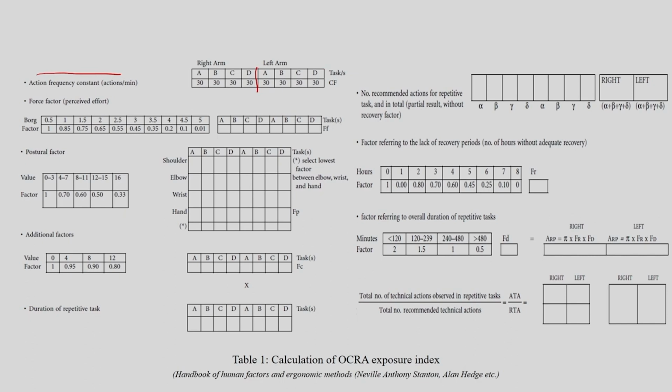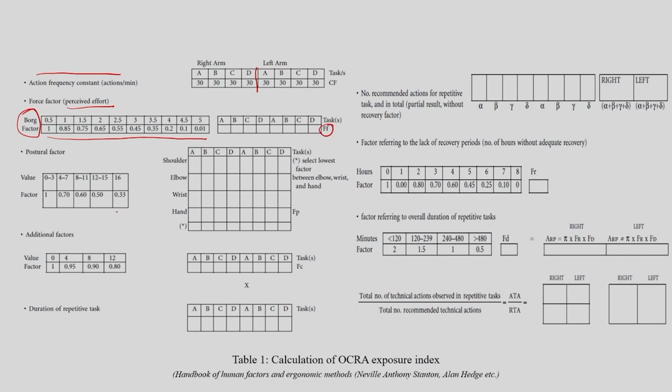Now, the force factor is the perceived effort from the CR10 scale, and you will get all these pre-computed values. From here you can see what is A, B, C, D, this is for right and this is for left. Then you get the calculation of FF, the force factor.